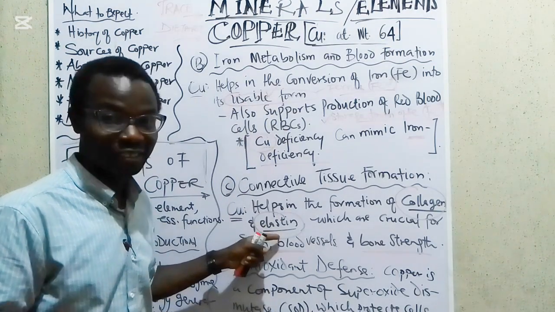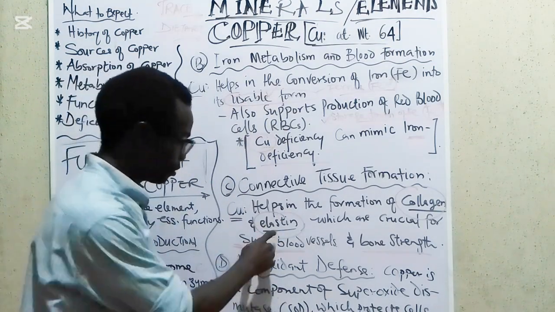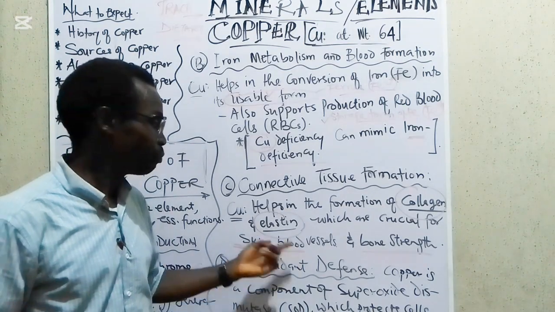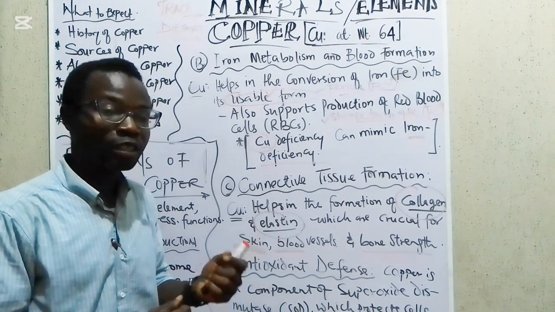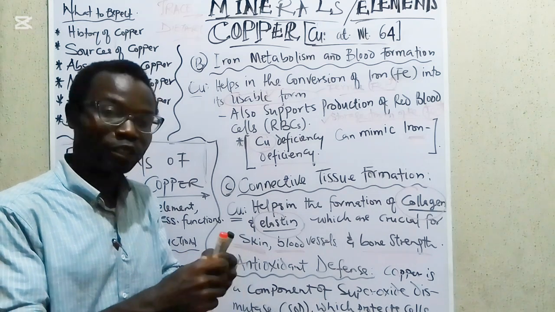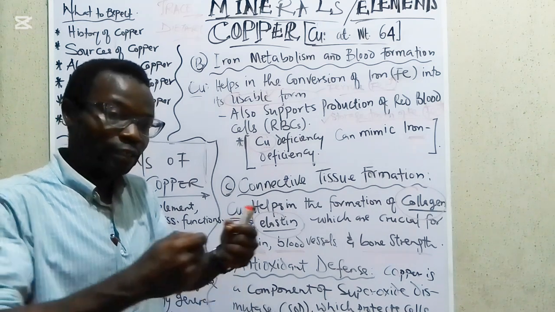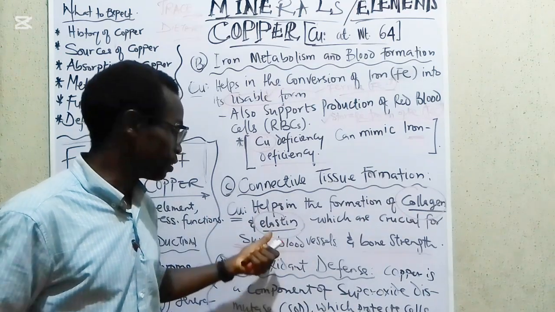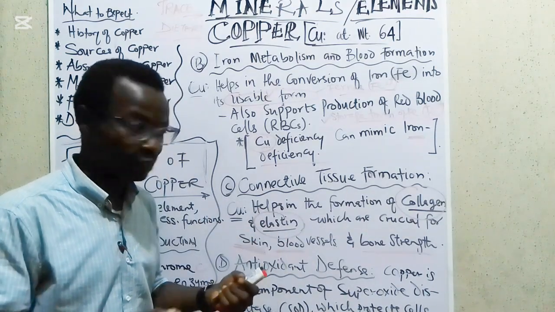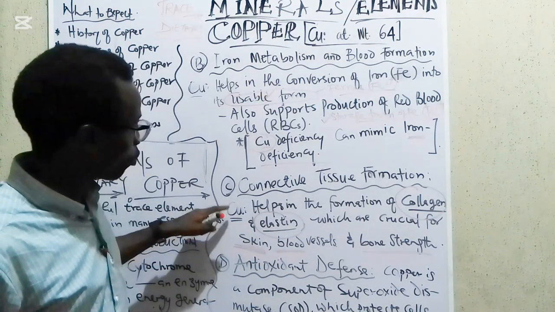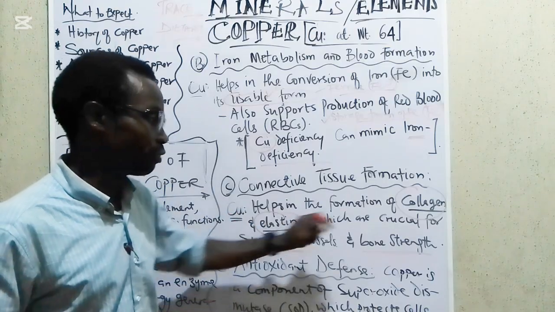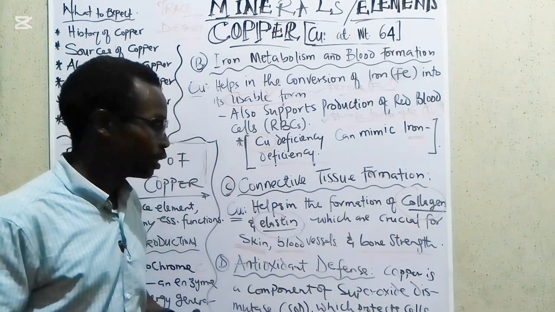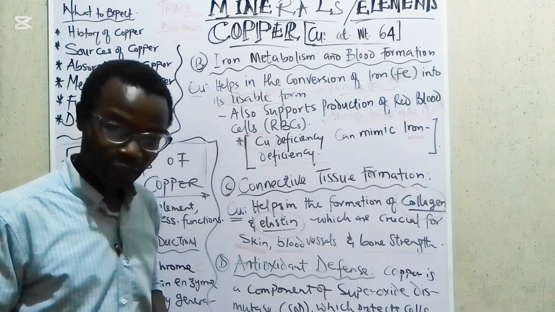So that's elastin. From the name you can tell. Certain things in science are such that you can tell from their names. So elastin ensures the ability of the skin to be elastic. While this is responsible for strength, this is responsible for elasticity. So copper is actually important in the formation of these through a protein called ceruloplasmin.